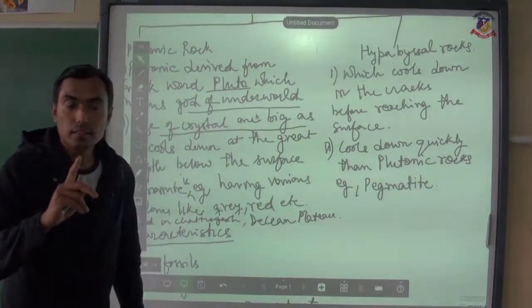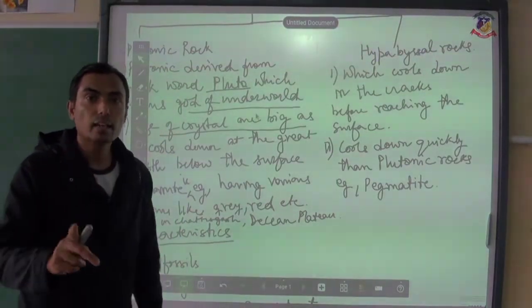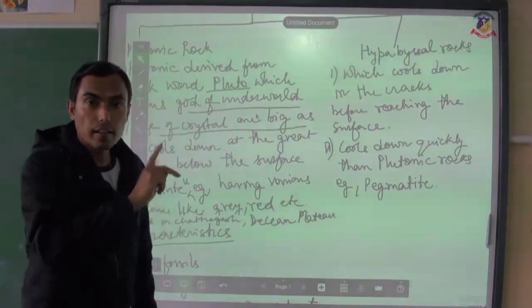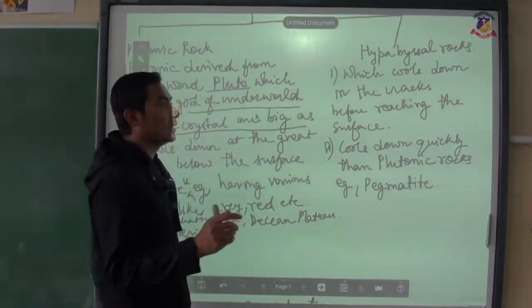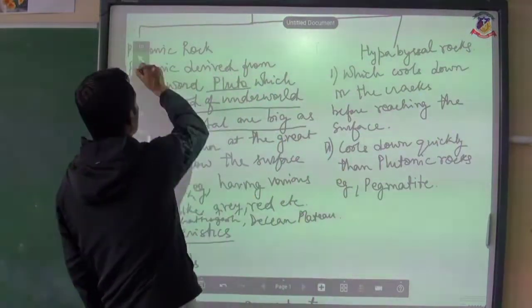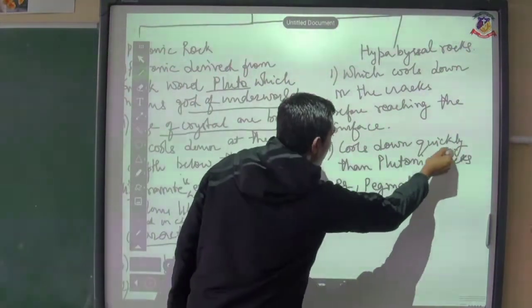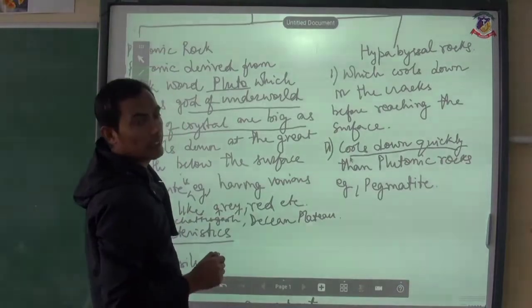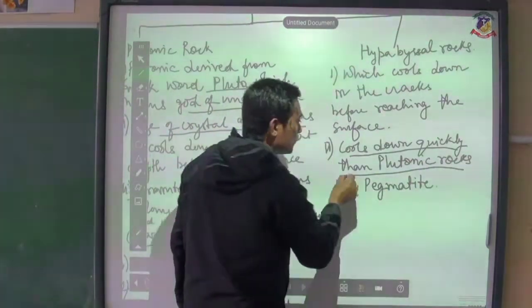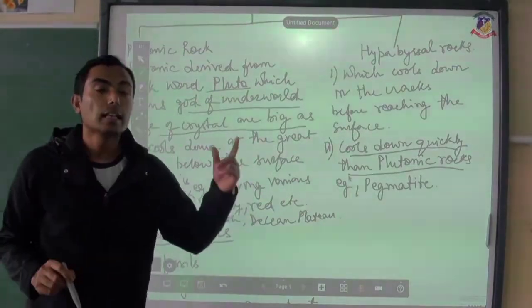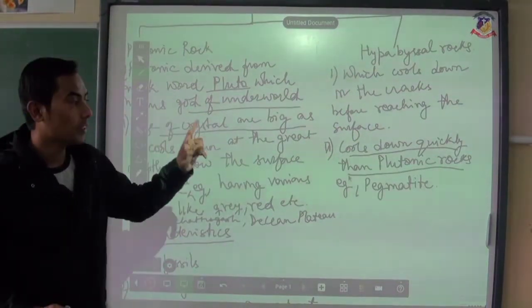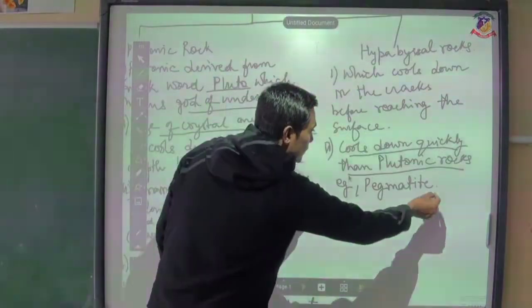As it starts solidifying in the cracks of the earth's interior, it cools down quickly because it is much closer to the earth's surface. So as it cools down very quickly, the crystal sizes are much smaller compared with the plutonic rock. An example is pegmatite.